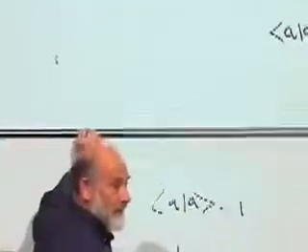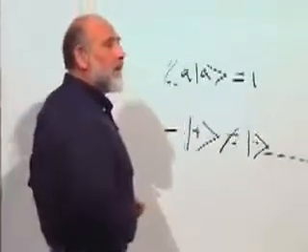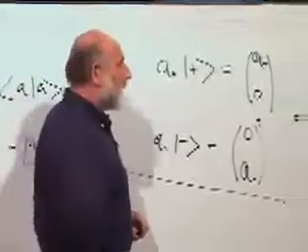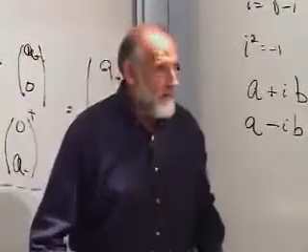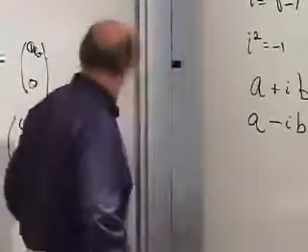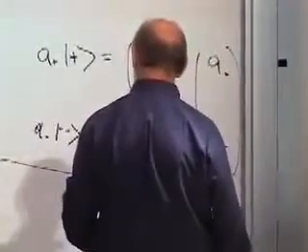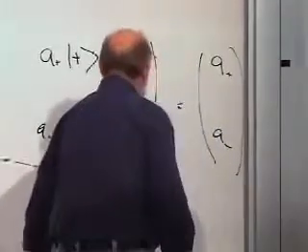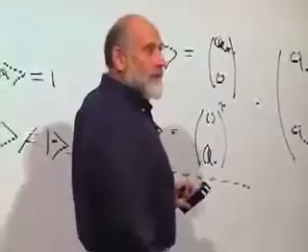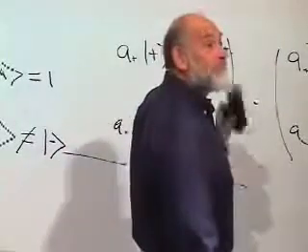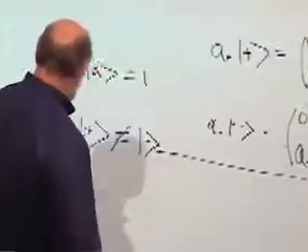Yeah. But you said the probability of this thing in the plus state is A plus conjugate times A plus, right? So the minus plus ket and the plus ket both represent a state where you have probability 1 in the plus state. Yes, that's correct. Oh no, the minus ket is probability 1 in the minus state. Wait.